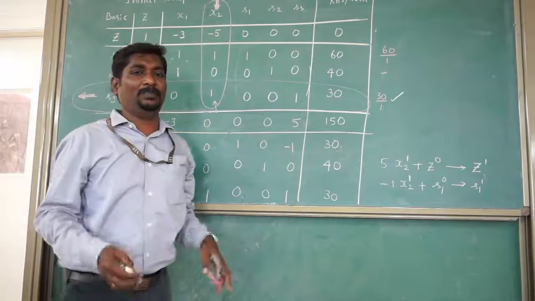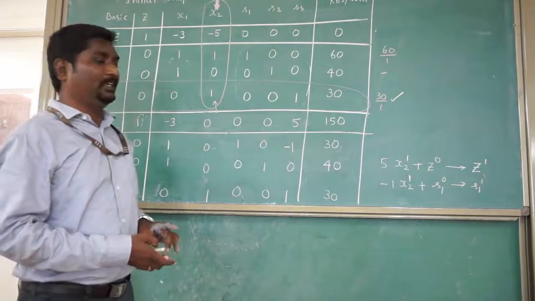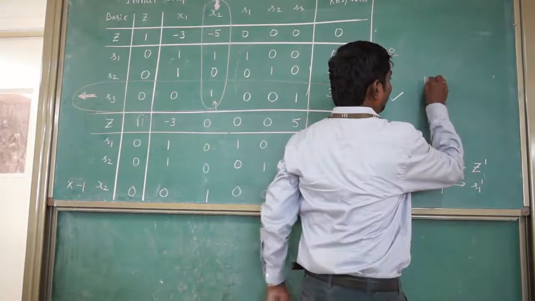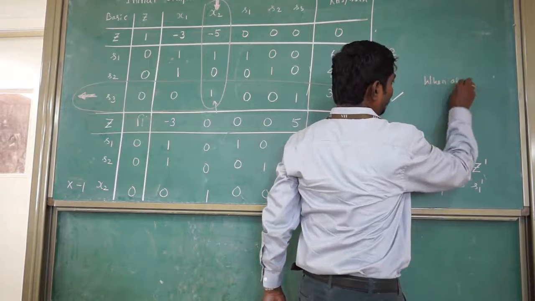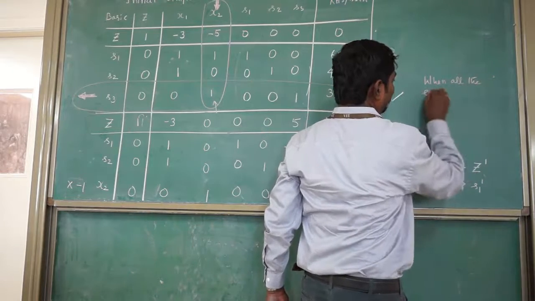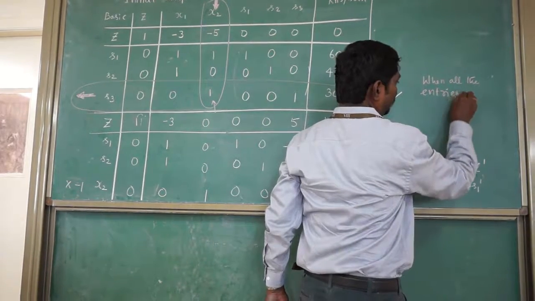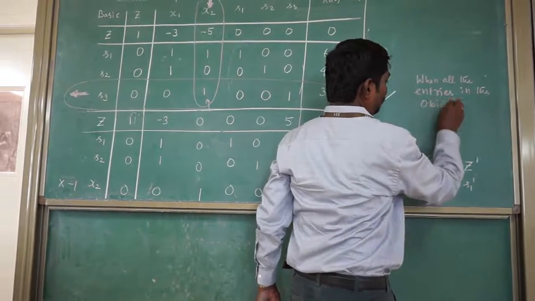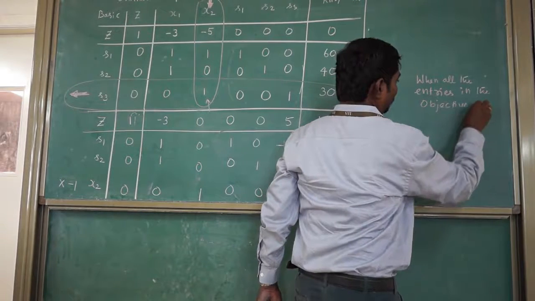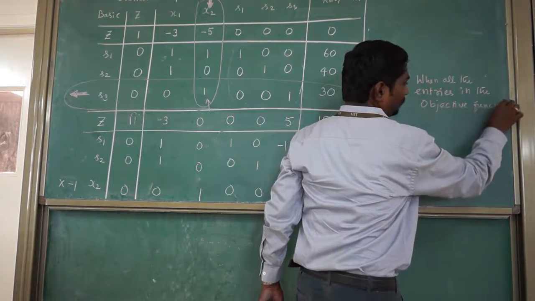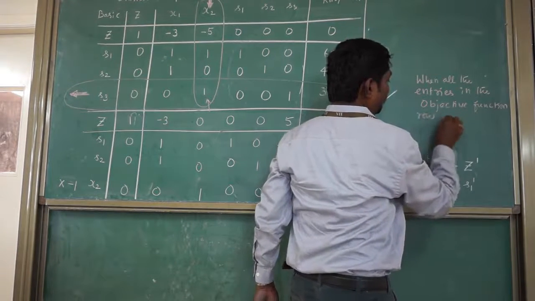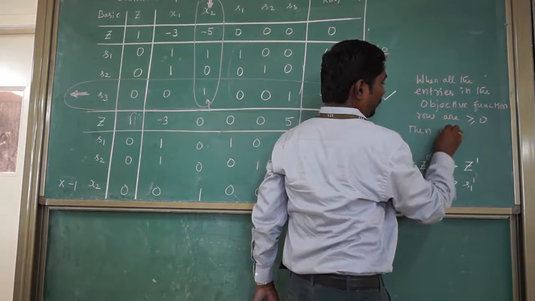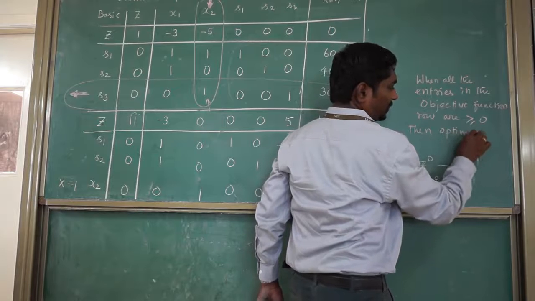And when you perform simplex, you have to check for optimality. We say the solution is optimum when all the entries in the objective function row are greater than or equal to 0, then optimality is reached.